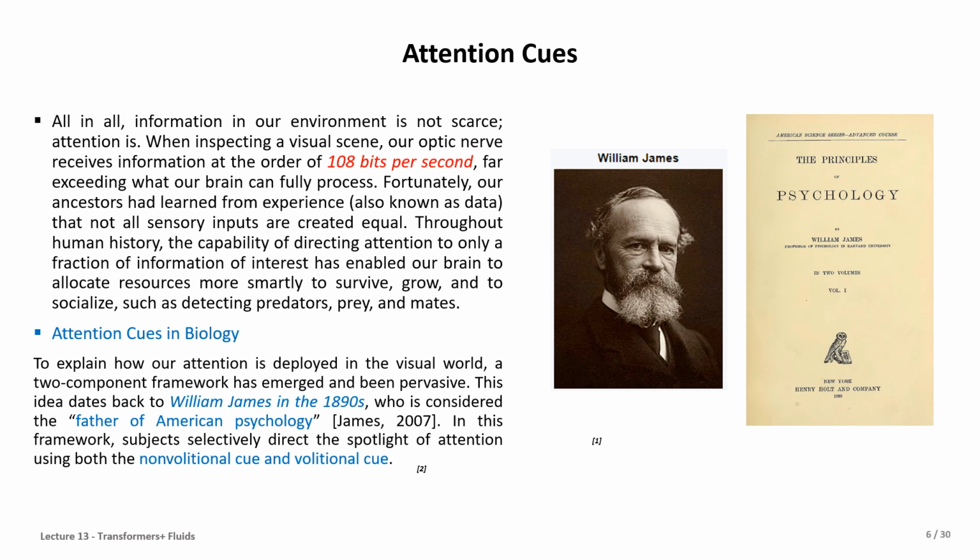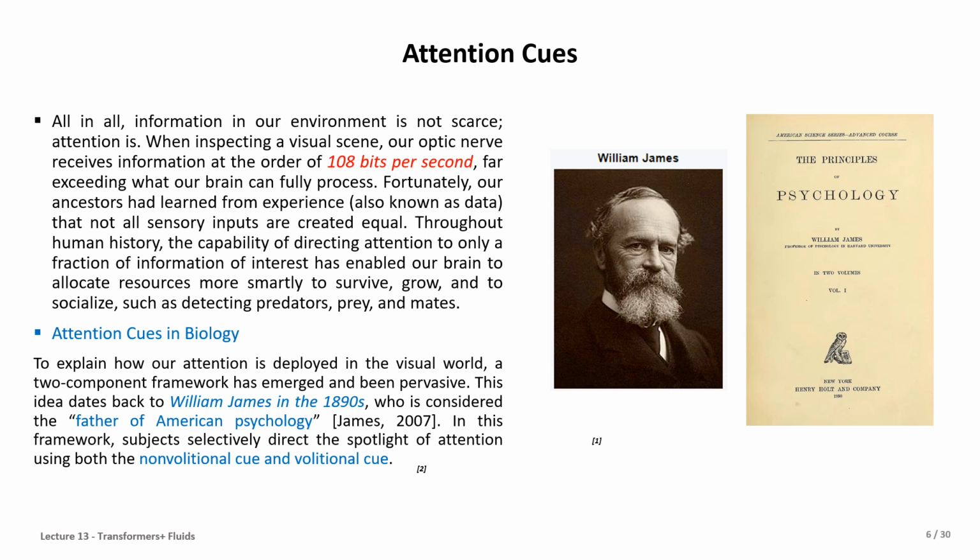However, humans have learned from experience that not all sensory inputs are created equal. Throughout human history, the capability of directing attention to only a fraction of the information of interest has enabled our brain to allocate resources more smartly to survive, grow, and socialize, such as detecting predators, prey, and mates.